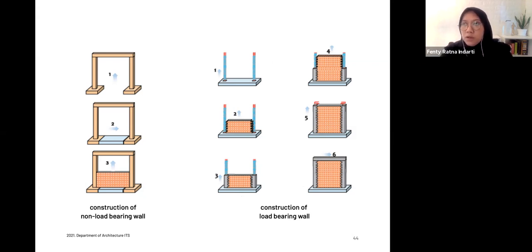This type of load bearing wall must be used for us in Indonesia, because we have the possibility of earthquakes, and to prevent serious damage to the building. For very simple buildings, the government advised us to use this one, because if we use the other one, the possibility of damage is higher.